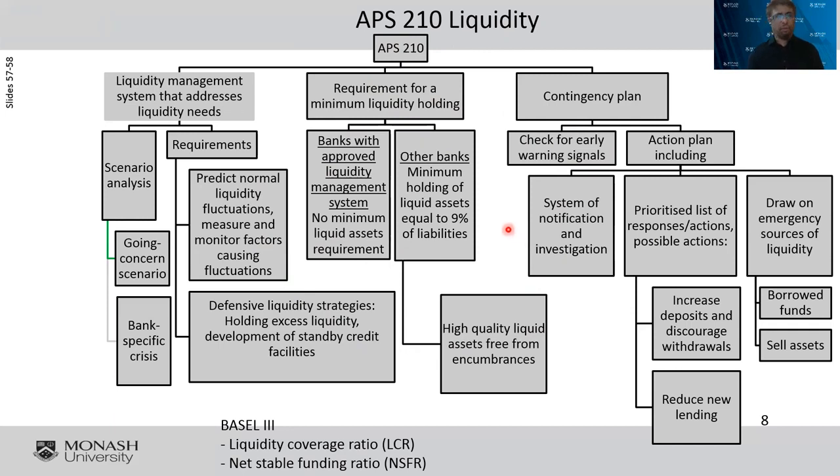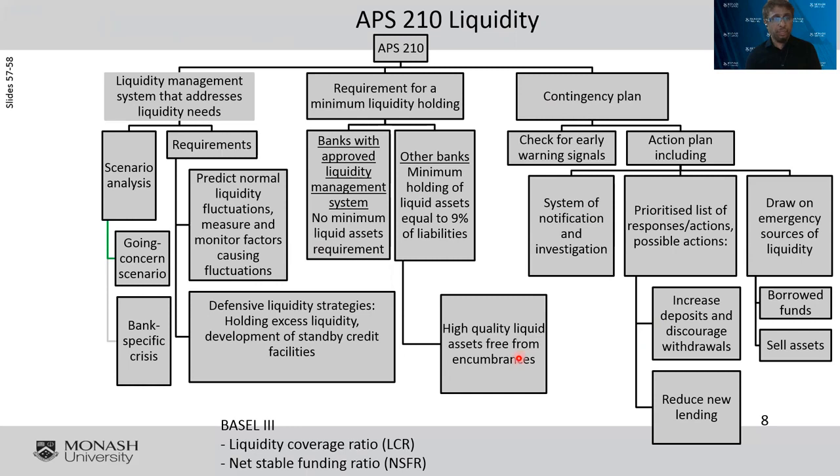And you will do some type of pre-class activity. But for the sake of this discussion, in Australia, if you have a system of liquidity, that's fine. They will not ask you for any liquidity requirements. But if you don't have a system of liquidity management, and the central bank is not happy about it, they will ask you to keep around 9% of your total assets as liquidity.